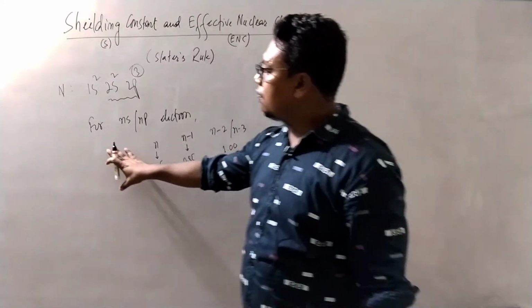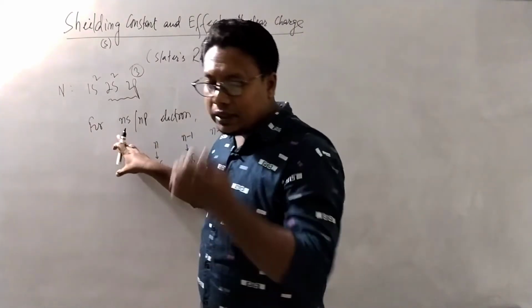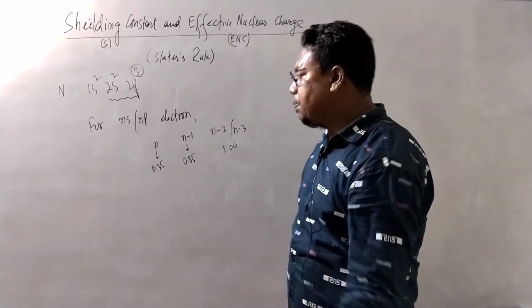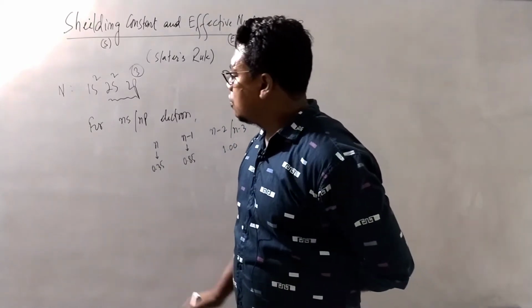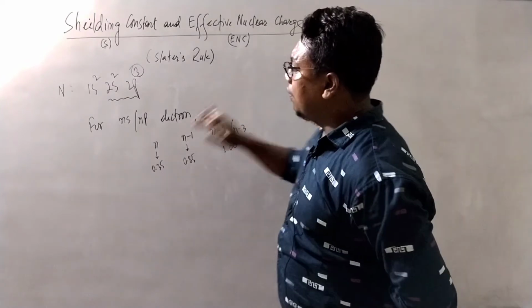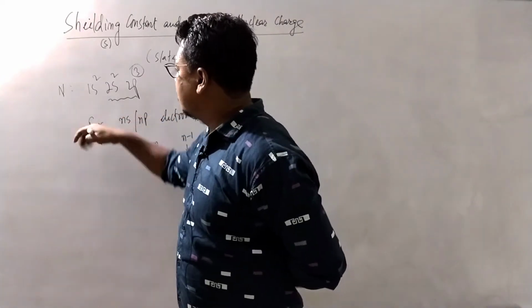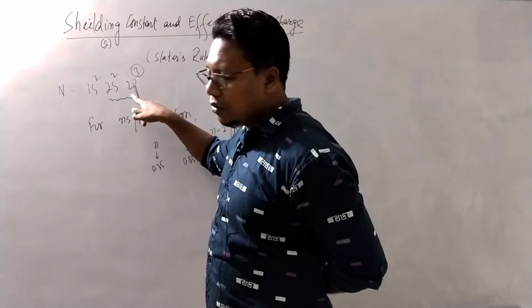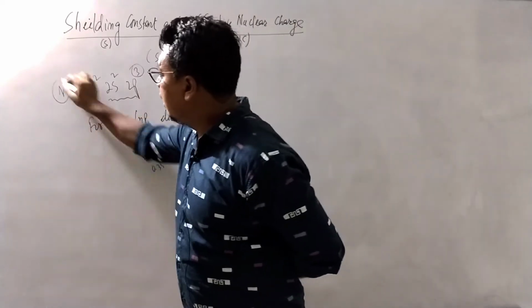These are the rules for an electron in s and p orbitals. Let me calculate the shielding constant for an electron in 2p in the nitrogen atom.